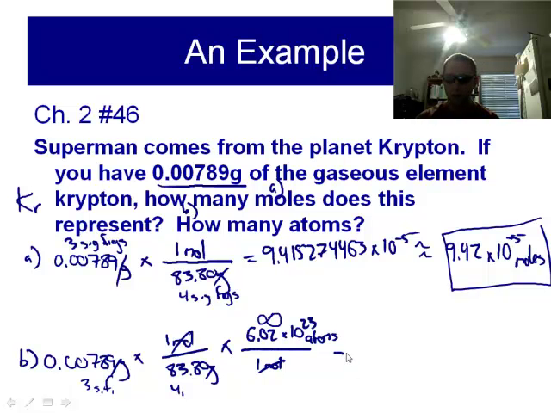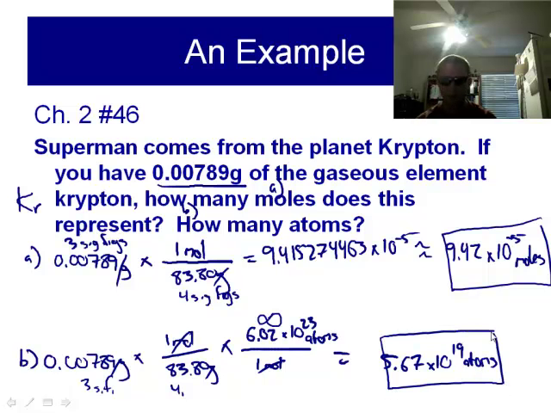Okay, if we go through now and do that on the calculator, 0.00789 divided by 83.80, and then multiplied by 6.02 times 10 to the 23rd power, our answer is 5.67 times 10 to the 19th power atoms. And there we go. So hopefully, guys, that made the whole idea of significant figures clear to you.